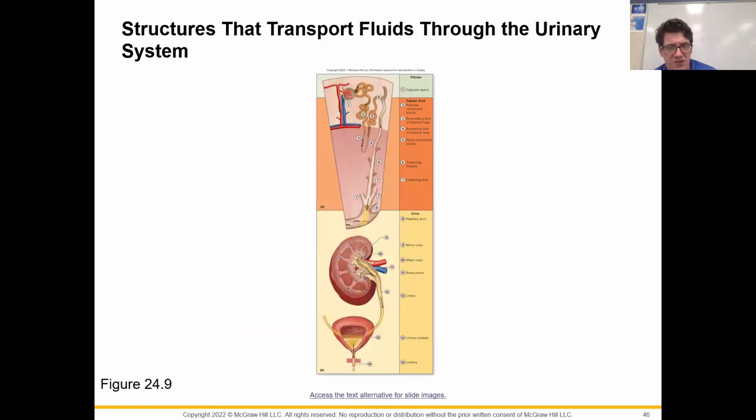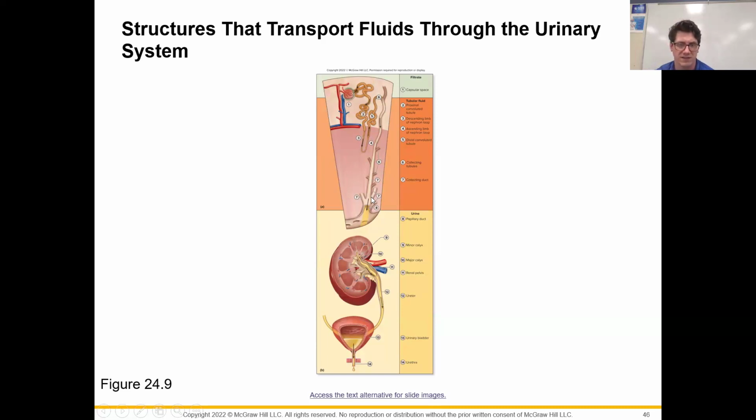Now, the urinary filtrate is going to be something a little different. The filtrate starts here in that capsular space, so in our glomerular capsule, and then it's going to enter the proximal convoluted tubules, go down the descending loop of Henle, up through the ascending loop of Henle, and then finally through the distal convoluted tubule into the collecting tubules, and then finally into the collecting ducts.